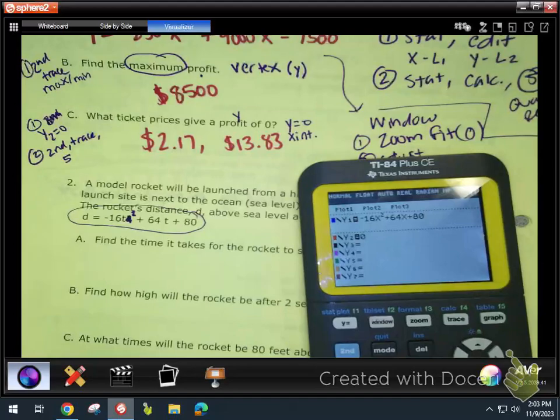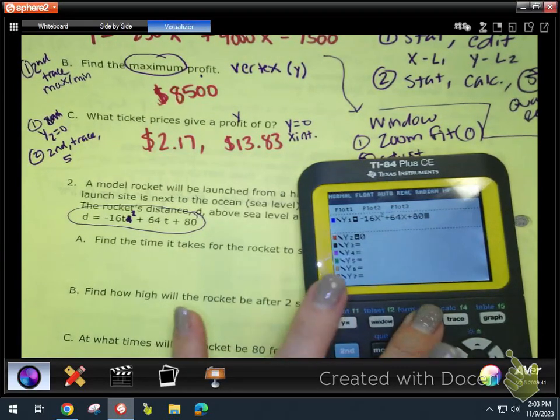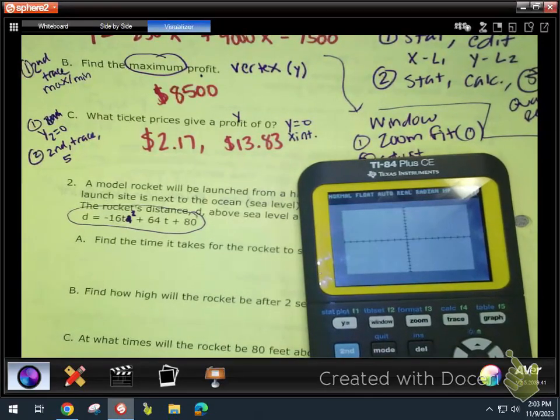Now, we changed our window and it was crazy. Zoom 6. Between every single function that you type, go to Zoom 6 and see what you actually can see. Zoom 6. Should we graph right now? Whoa. Oh my goodness. So you could Zoom fit this, and if you want to, that's great.